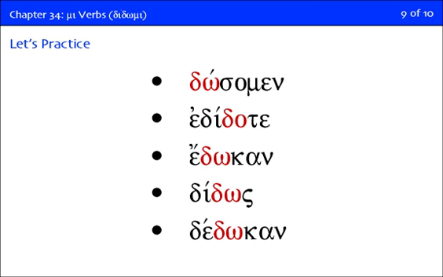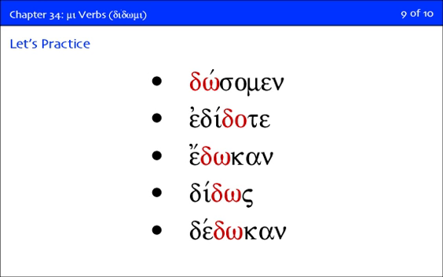Okay, now that you've seen the rules, just real quickly again, let's look at a couple of forms just to get it into your head. Dosomen, tense, future, right? There's the delta, omicron-class vowel, sigma, no problems, you're in a regular future. Edidote, what tense? Right, imperfect. You have an augment and a reduplication with the iota.